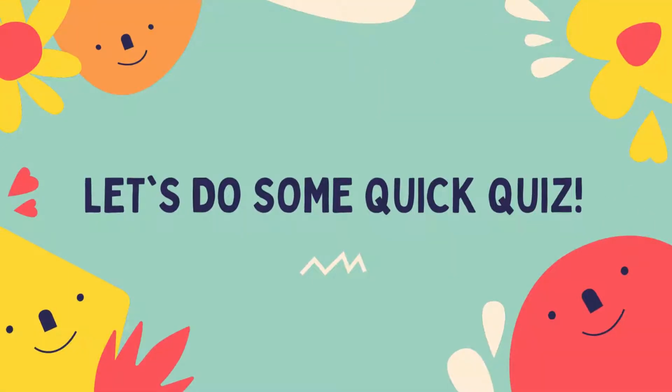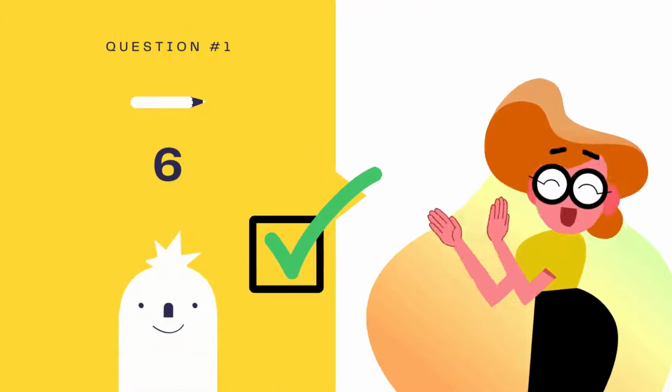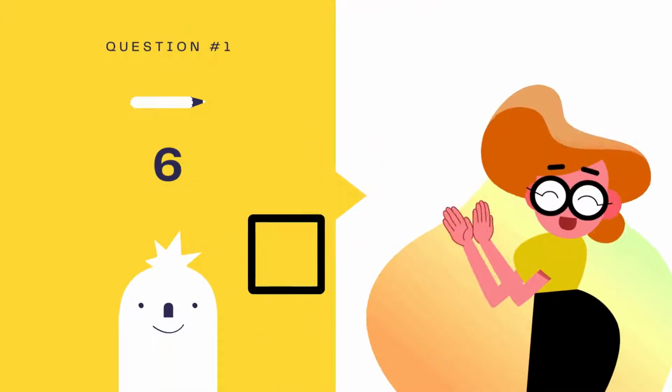Before we begin, let's do a quick quiz. Look at the question and count to get the answer. 9 minus 3. Let's check the answer. Congratulations if you get the answer correctly.